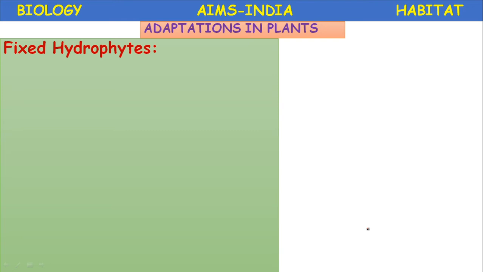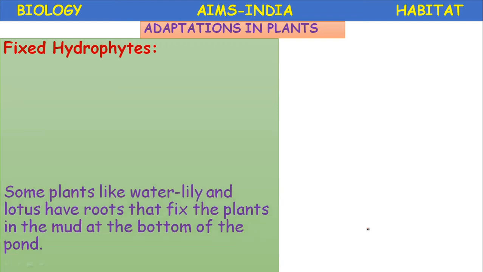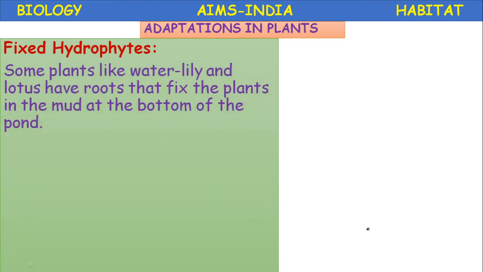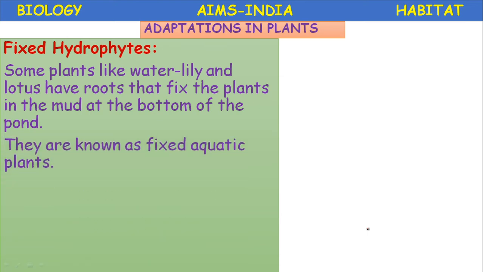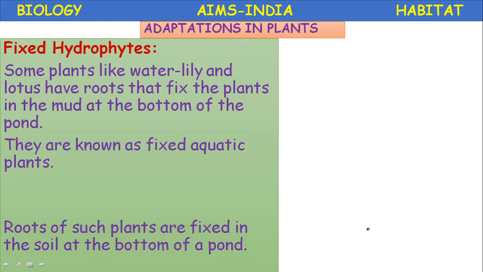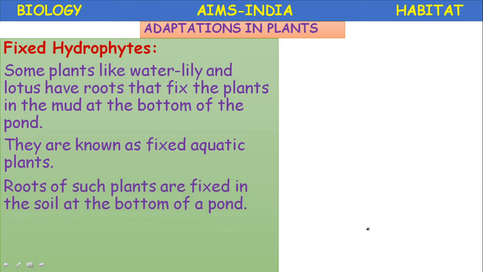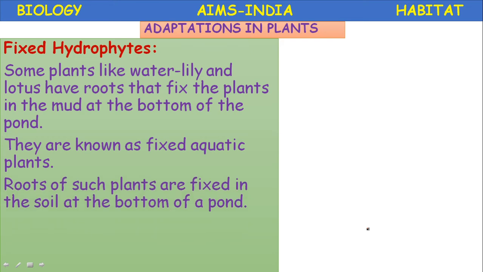Now fixed hydrophytes, fixed plants. Some plants like water lily and lotus have roots that fix the plants in the mud at the bottom of the pond. They are known as fixed aquatic plants. The roots of such plants are fixed in the soil at the bottom of a pond.